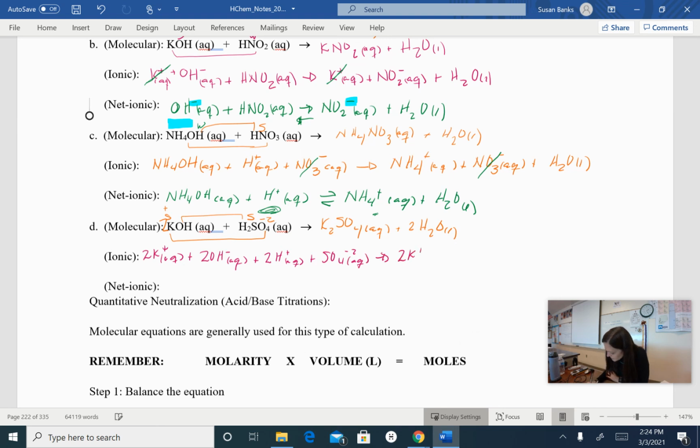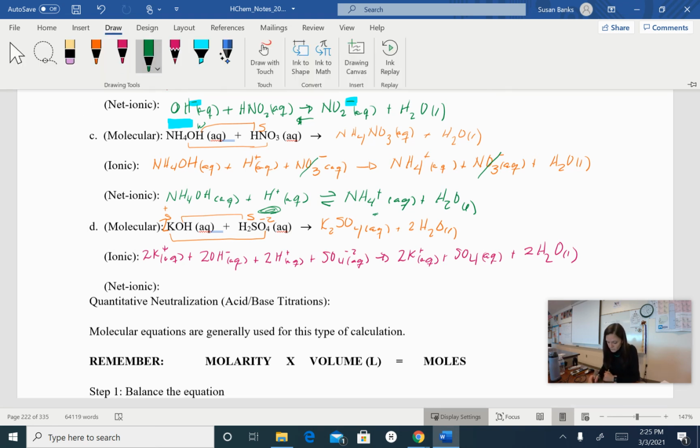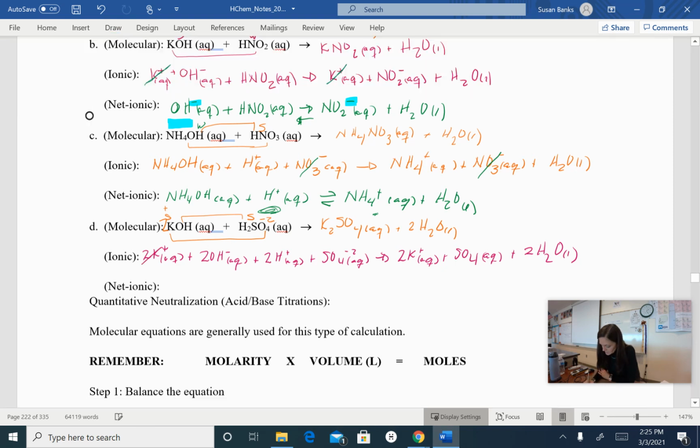And 2 potassiums and a sulfate group with 2 waters. Okay, so we can cancel out the repeaters. So what are the repeaters? My potassiums and my sulfate group, those are repeaters, right?